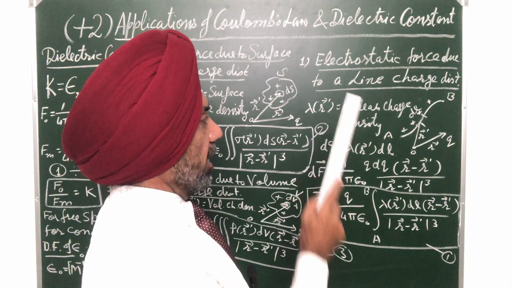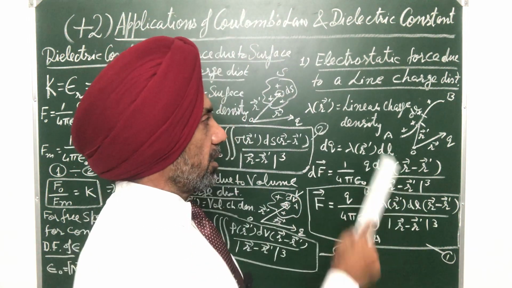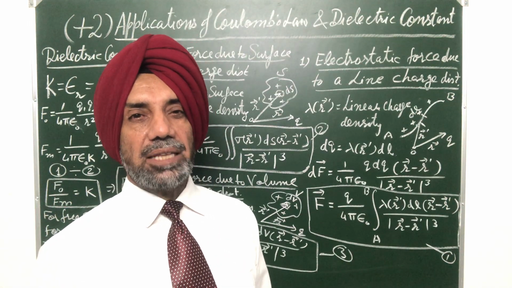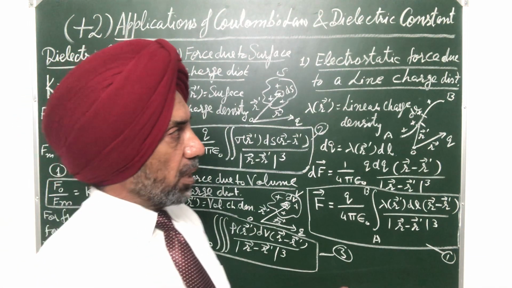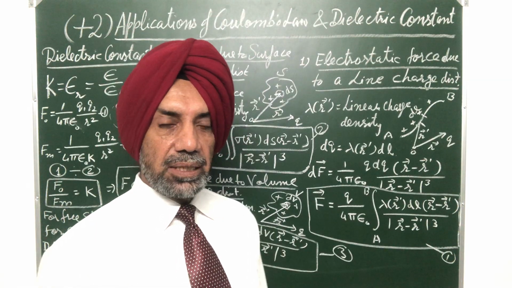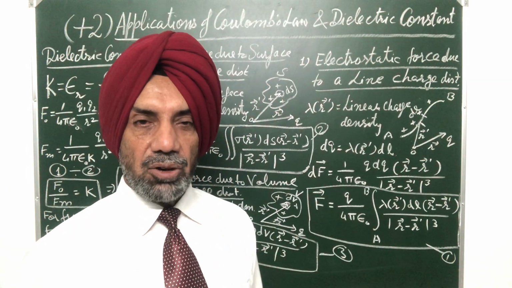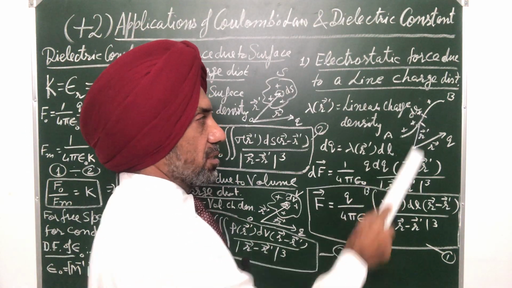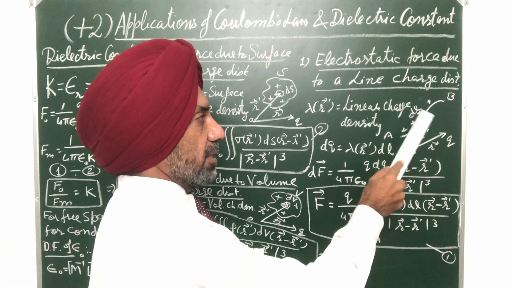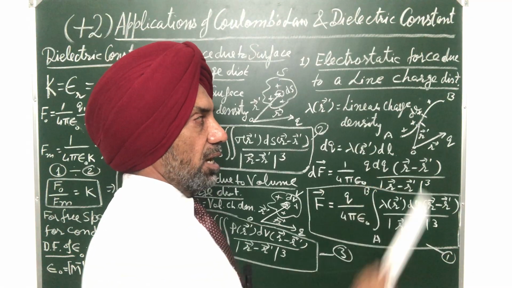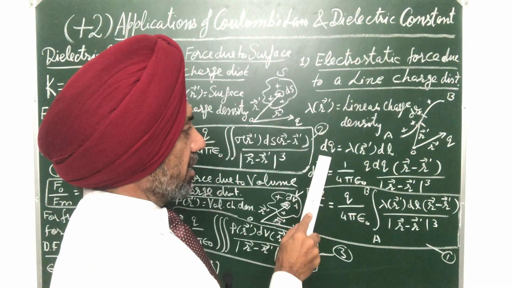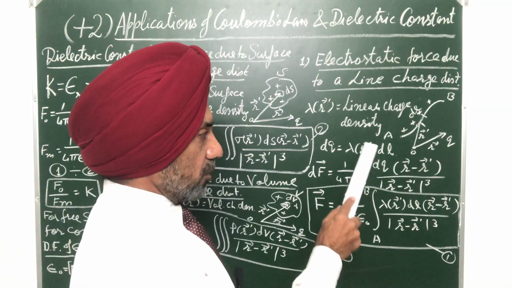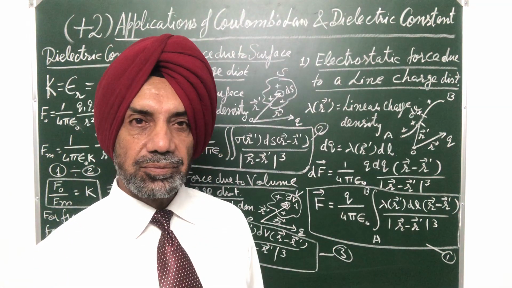Let lambda r dash be the linear charge density, that is, charge per unit length of the wire, because charge per unit length of the wire may be given, and then we can find the total charge on the wire. Then the small amount of charge on the small element of length dl at location r dash is given by dq is equal to lambda r dash into dl, charge per unit length into length.